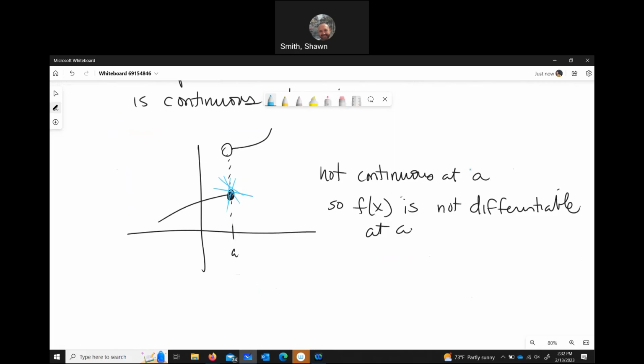It's not going to be one specific tangent line, right?